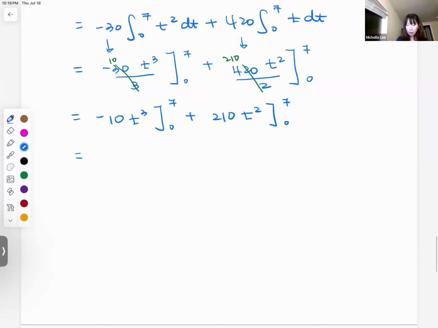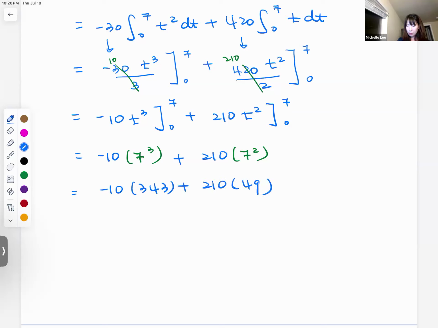Okay, so that will be negative 10 times 7 to the third power plus 210 times 7 to the second power. So we have negative 10 times 343 plus 210 times 49, which is negative 3430 plus 10,290. Then that will be 6,860.